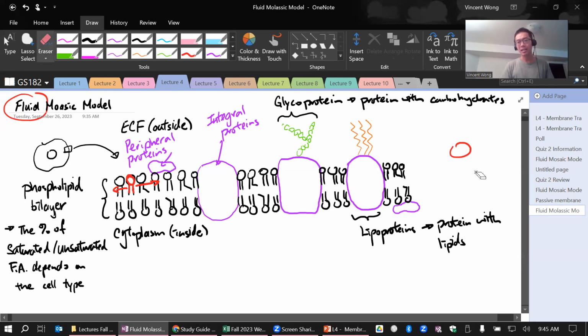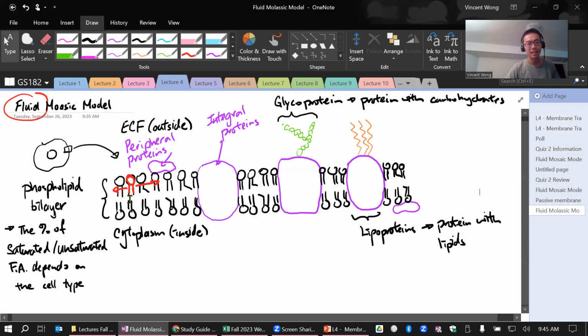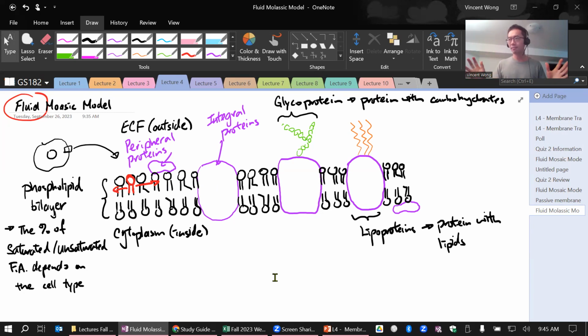Those plastic balls, you just pour them all into the bathtub, and then you imagine all those balls just moving around. It's not static, it's not fixed in place. The balls can move past each other easily. So those balls would be kind of like the hydrophilic head of the phospholipids. It's able to shift from one place to another. Do you understand? Okay, so that's what fluid means.